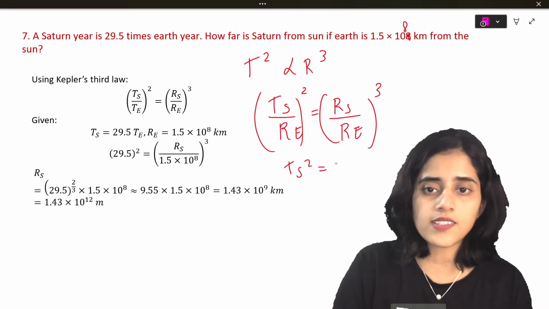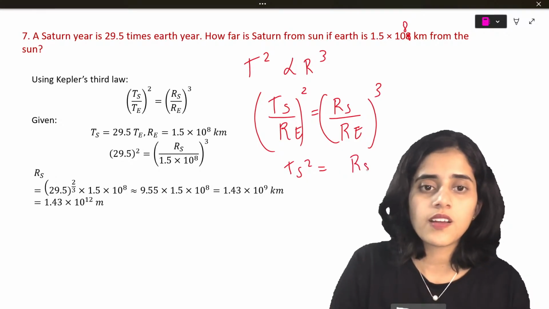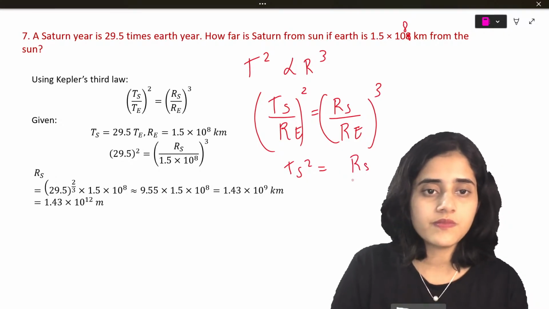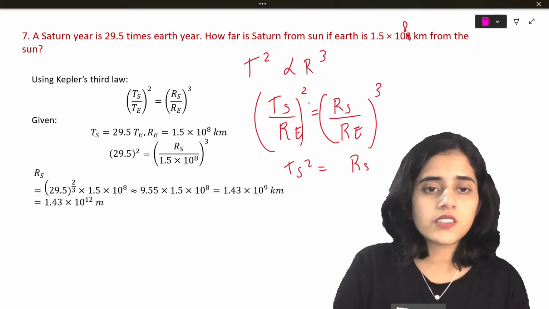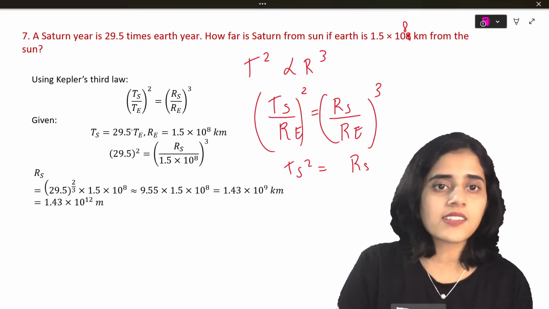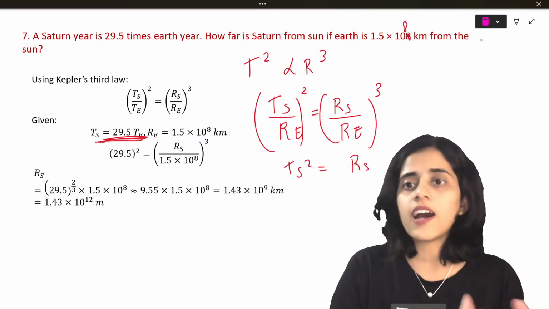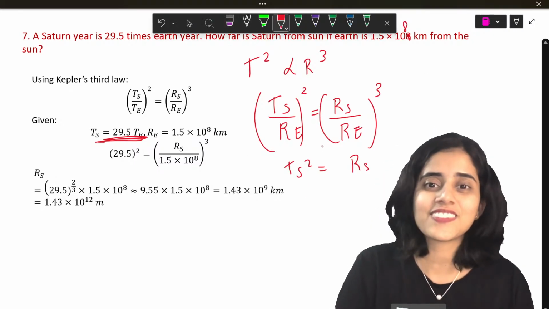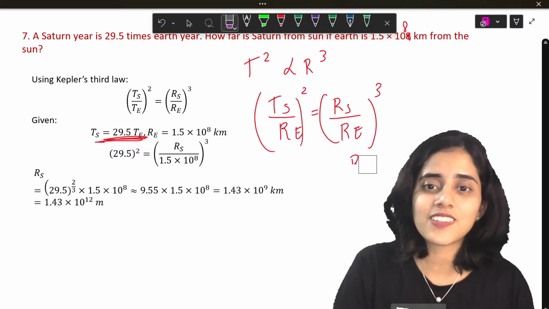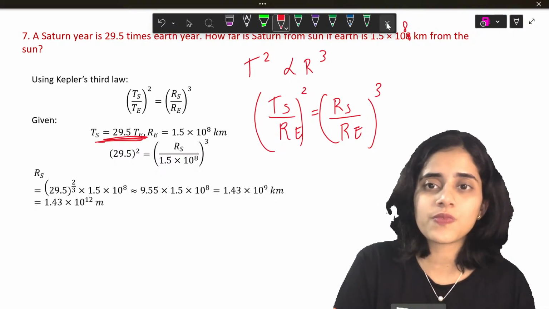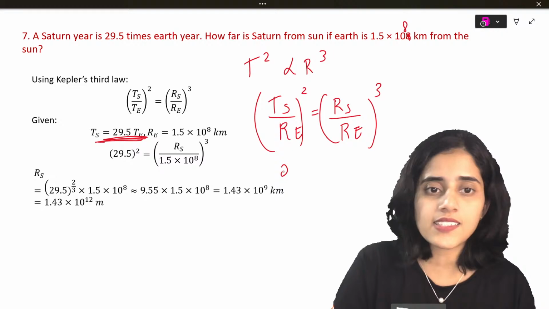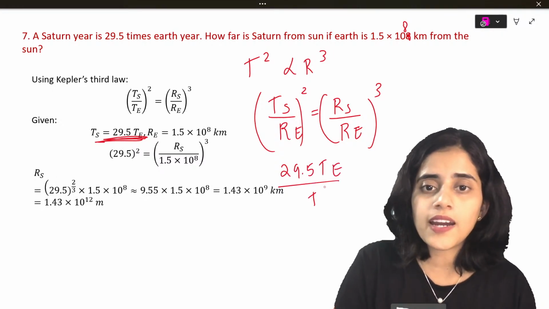Ts square is equal to Rs. So in the question it says that Ts is equal to 29.5 Te. So you can write Ts by Te as 29.5 Te by Te.